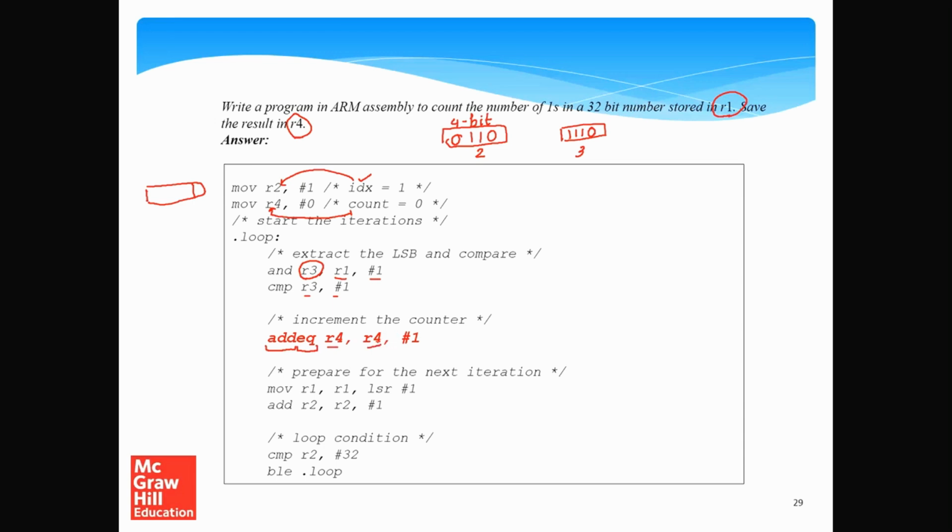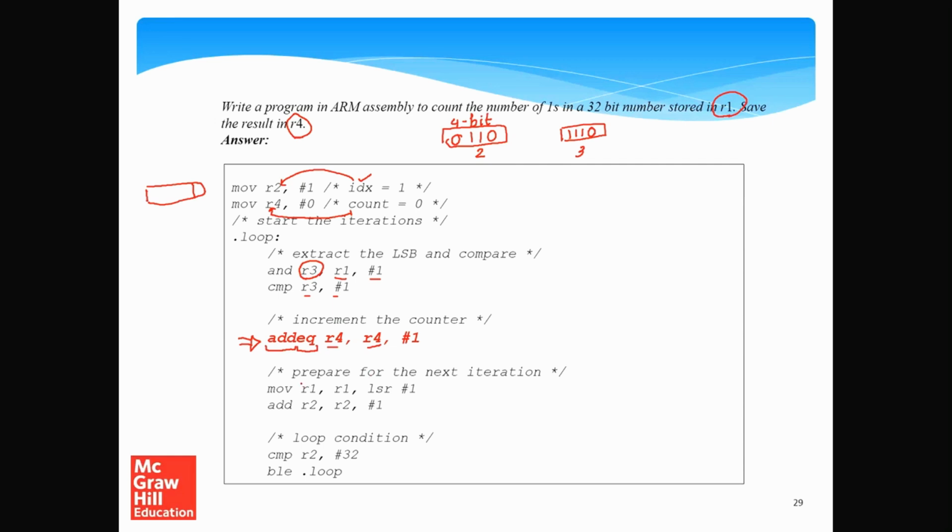Otherwise, this instruction works as if it has just never been seen or never executed. So we are essentially counting if this LSB is 1. If it is 1, we increment R4.